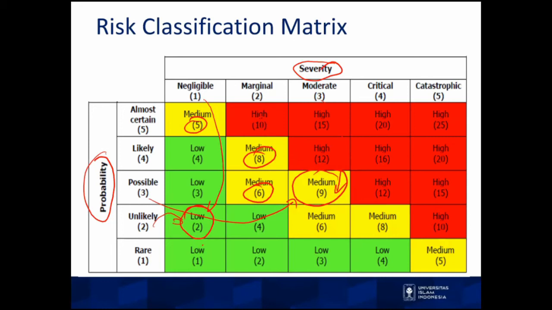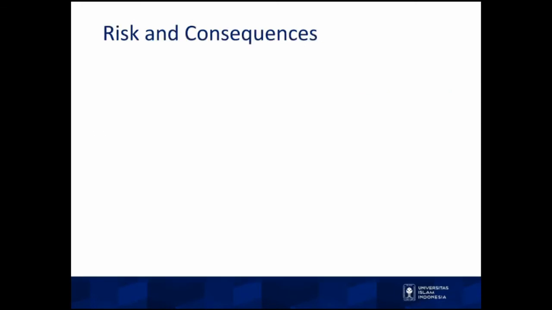Red is the cell that has a high risk, yellow is medium, and green is a low level of risk. What we need to do is identify every risk event, identify the severity and the probability of every risk event, and then put it into the risk classification matrix.